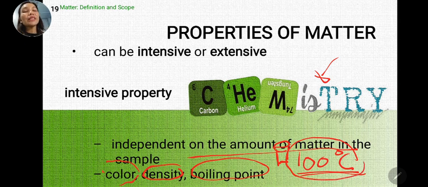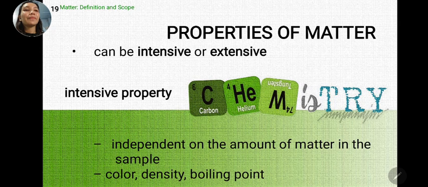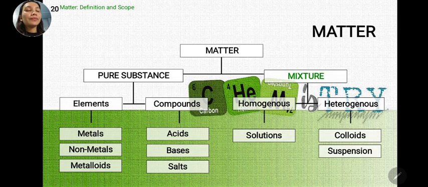Pag na-reach yung 100 degrees Celsius, magbo-boil na yung water natin. It does not depend on how much water you put in your sample. Yung boiling point niya will stay the same. Ganon din yung density ng water, at ganon din yung color ng water, or for other matters na meron tayo. Okay? So, yan yung kaninang in-explain natin.